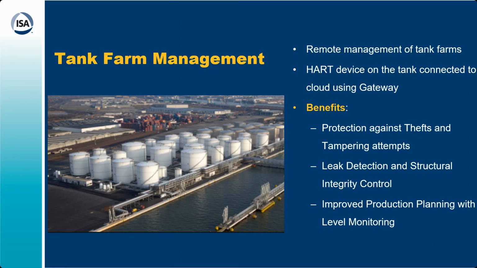These are advanced tank gauges which not only give you the level data, but they also give you the data by which you can build analytics against threats and tampering attempts. Plus, you can also build analytics for leak detection or structural integrity. Plus, of course, you can do better production planning when you have the proper inventory of all your chemicals and solids in the tank. So this is one of the very good applications which you can build using HART technology as far as digital transformation of your plants is concerned.